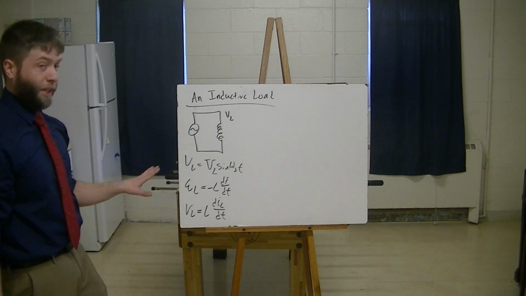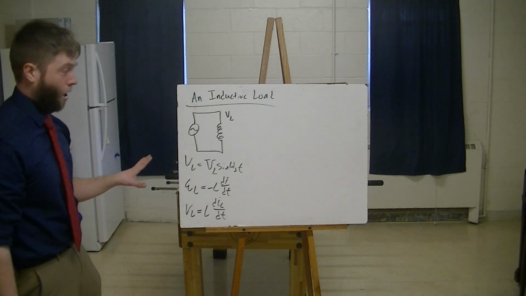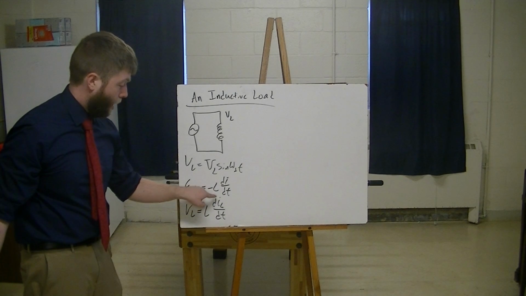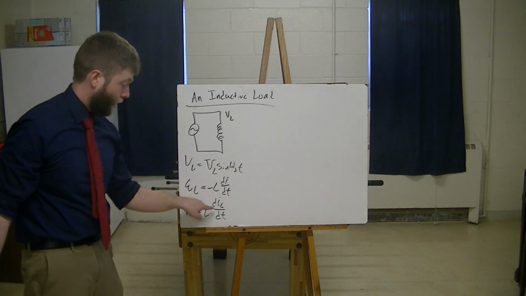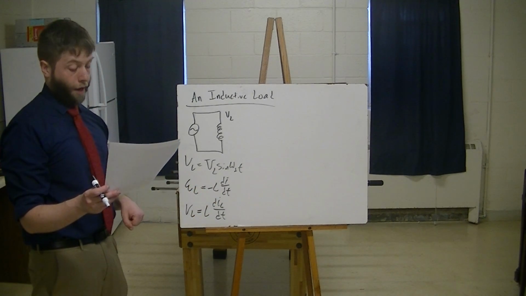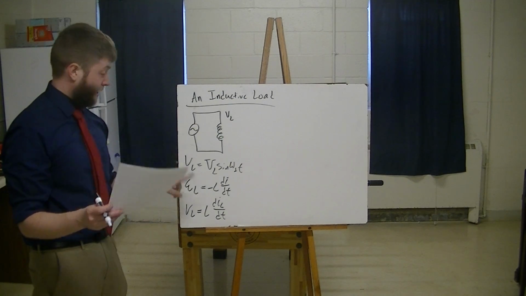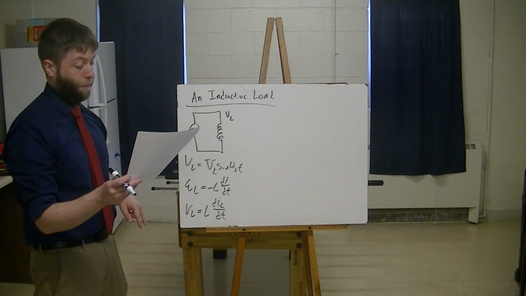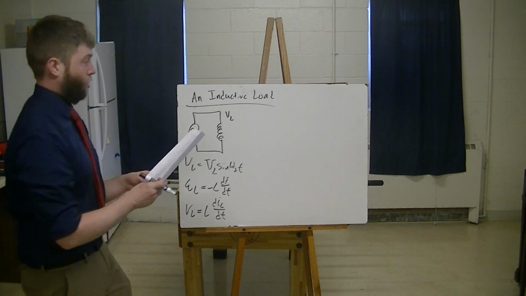So notice what's happening here. This is going to turn into a little bit of a mess, but I promise it's going to be okay. The voltage in the inductor is equal to the inductance times the time derivative of the current in the inductor. But that still needs to hold true up here, that I still have to have the sine function. So now I'm going to combine these two ideas.